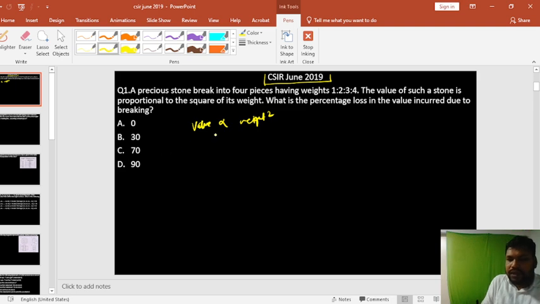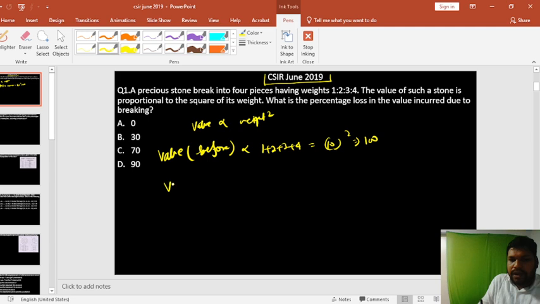First of all, you try to find out the value before breaking. Before breaking, it is nothing but just add all: 1 plus 2 plus 3 plus 4, which is equal to 10, and 10 squared is 100. And if you find out the value of the stone after breaking, it will be 1 square, 2 square, 3 square and 4 square.